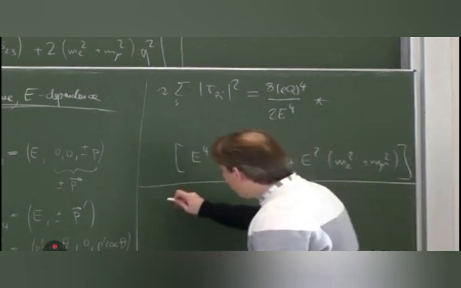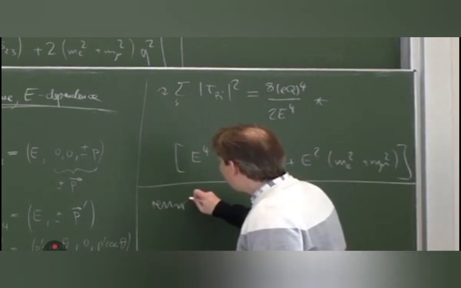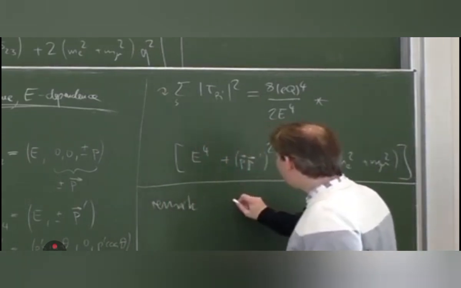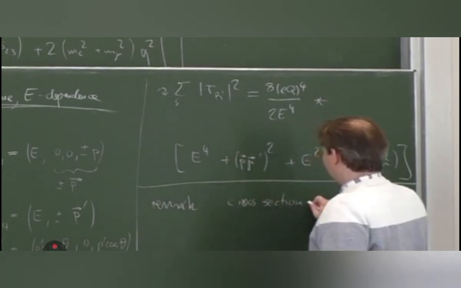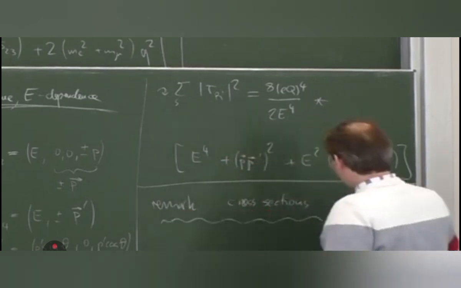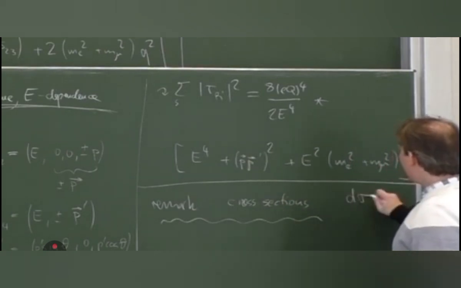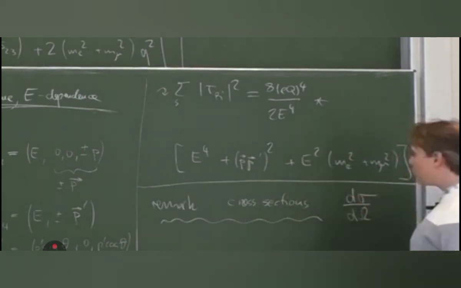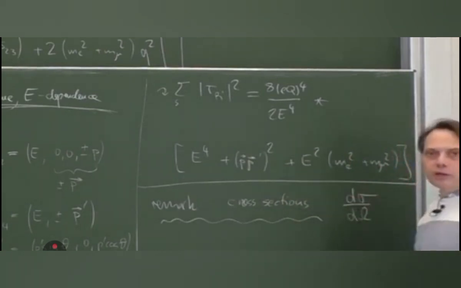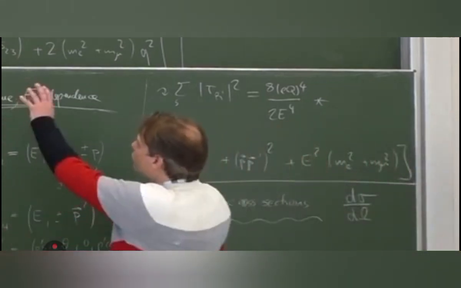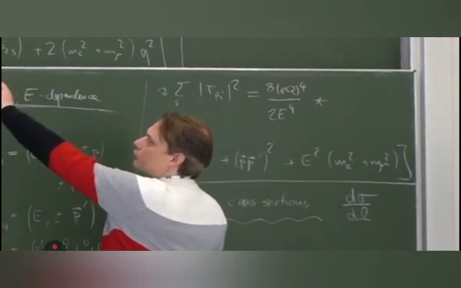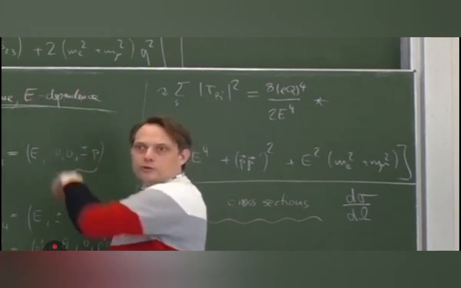And let me now make a small remark on cross-sections. So there is the notion of differential cross-section d sigma by d omega, which is a quantity which is nice because essentially it captures the physics of the squared matrix element, which is the probability.